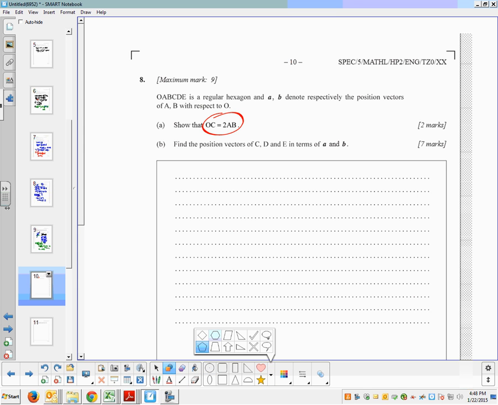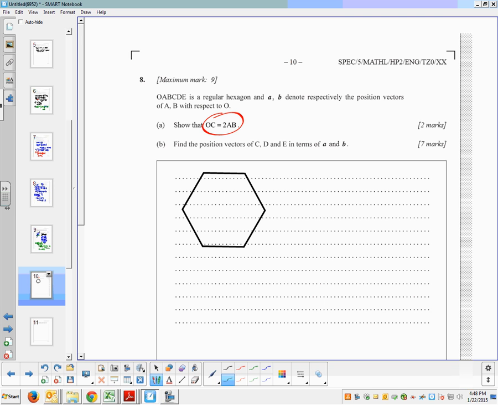Oops, that's not a regular hexagon. So we've got a regular hexagon, regular-ish. O, A, B. I've got this vector A, this vector B, C, D, E. And we want to show that OC is equal to 2AB using some sort of vector method, really.